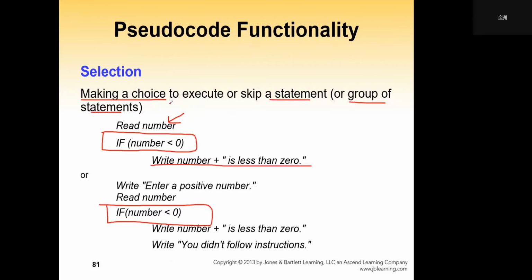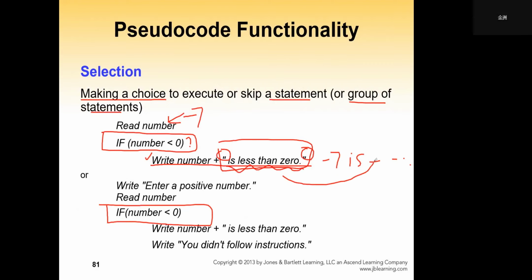For example, we read a number -7. Then we check it is smaller than 0, so we execute this one: write the number -7 and "is less than 0". The words between the quotes will be printed directly. So the output would be "-7 is less than 0".